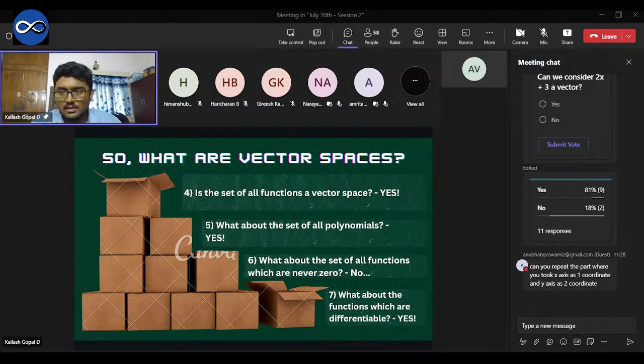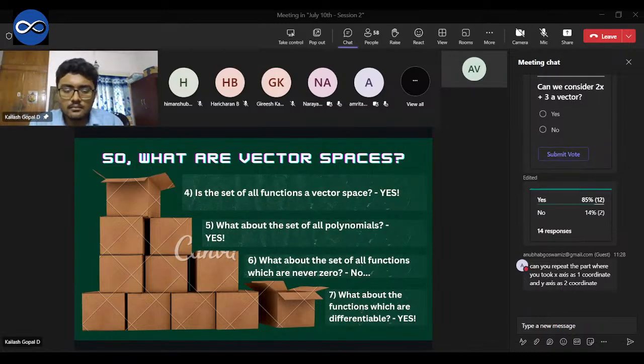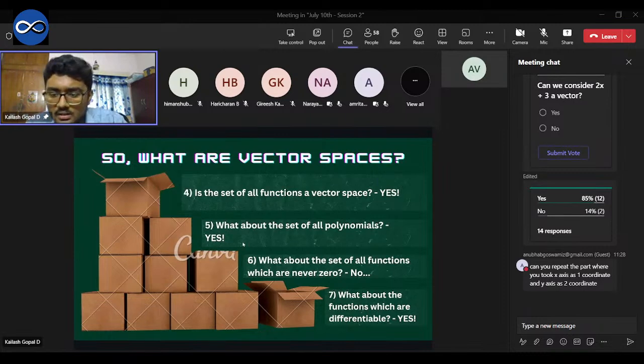It represents the function f of 1 equals 100, f of 2 equals 2, f of 3 equals 5. Right. So each vector represents a function and each function corresponds to a vector. So the set of all functions corresponds to a vector space. Is that clear?